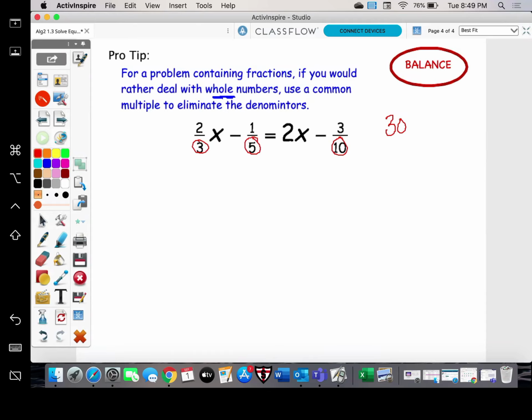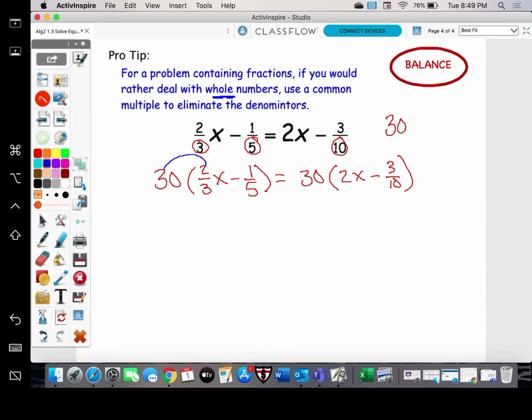I think 30 sounds like a really good number because they all go into 30. So what happens is I take both sides of my equation and I multiply by that least common multiple. It's kind of going to get a little messy here, but the next step, everything works out great.